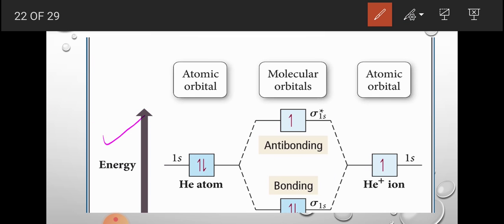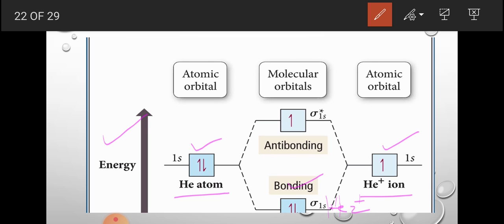So the first step will be to show the increasing energy. Total number of electrons are 3: 2 and 1. This is your helium atom and this is the helium ion, and in the center we have formed He2 plus. Okay, He2 plus. 3 electrons, 2 and 1.